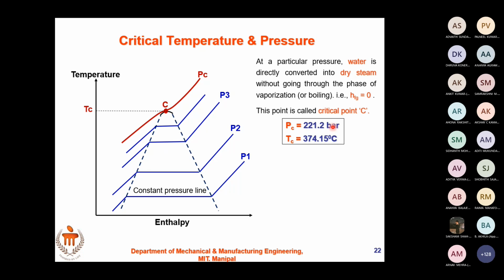It's independent of mass, intensive property. Pressure is independent of mass, intensive property. You take any amount of water, be it 1 kg, 100 kg, or 1000 kg, the critical pressure and critical temperature for water will remain the same, 221.2 bar, 374.15 degrees Celsius. Clear?